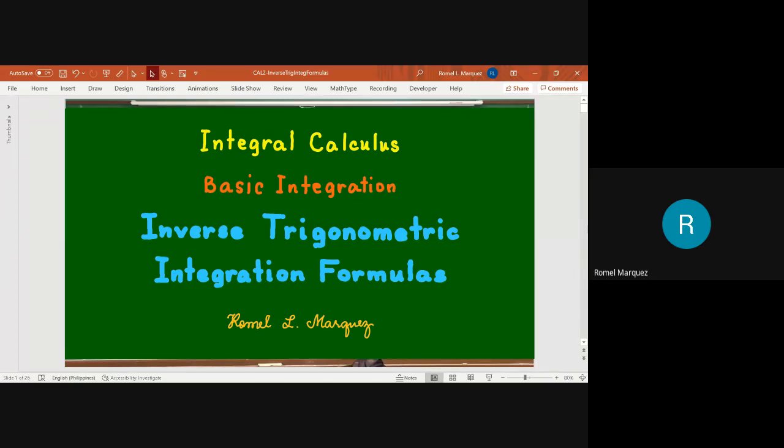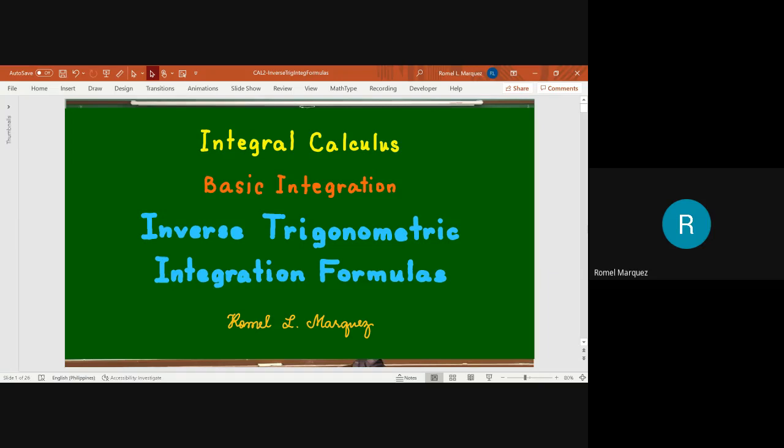So what we had last time was integration leading to trigonometric functions. I gave you the 6 basic trigonometric integration formulas and other related formulas, although not purely trigonometric after evaluation, but involving what?